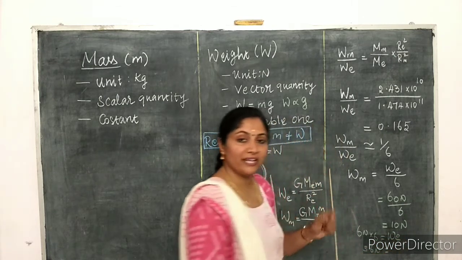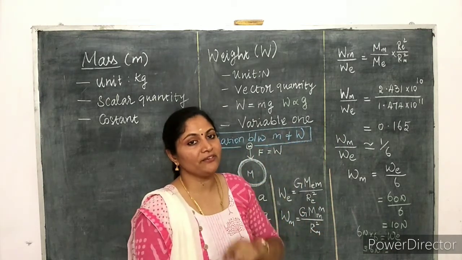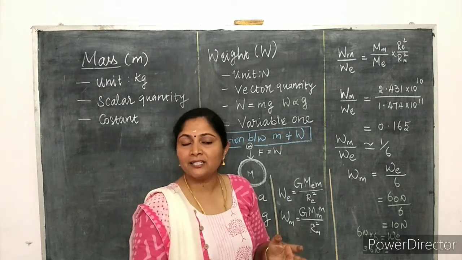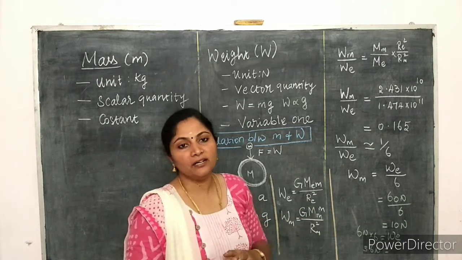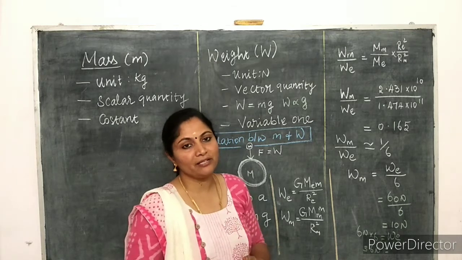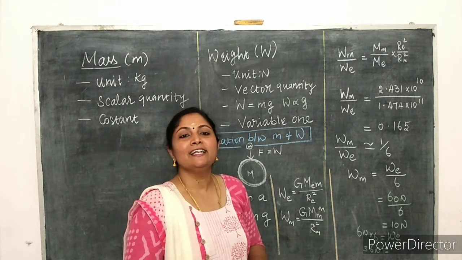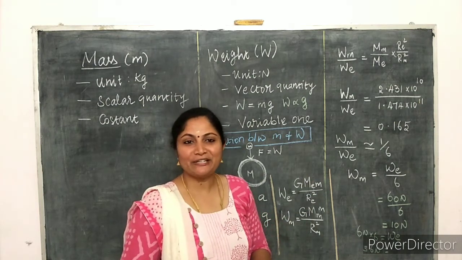That is, if the weight of an object on the moon is 6 Newton, its weight on earth will be 36 Newton. So if we know the relation between the weight of the object on the moon as well as on earth, we can calculate the values. If we know one value, we can calculate the other value. Okay students, so this is the relation between mass and weight. Thank you students.